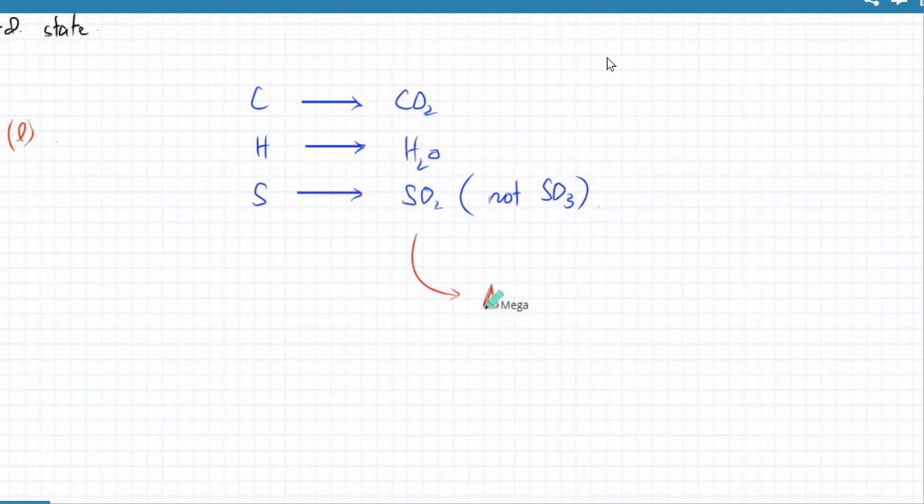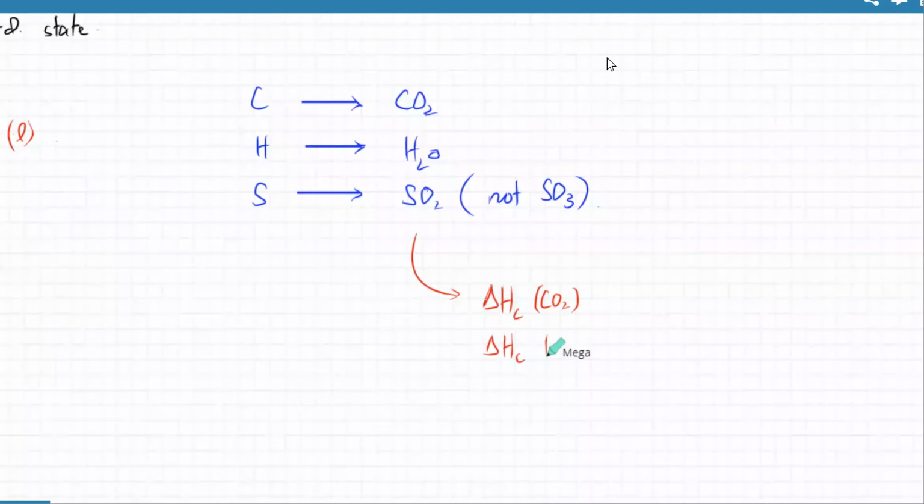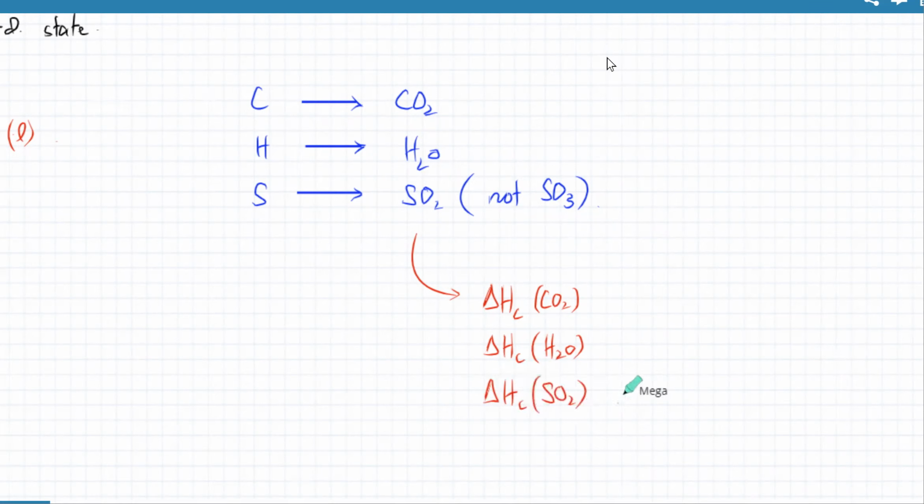So remember this, I'm just going to write this down. Enthalpy change of combustion of carbon dioxide and enthalpy change of combustion of water. And similarly, we can add enthalpy change of combustion of SO2. They are all zero.